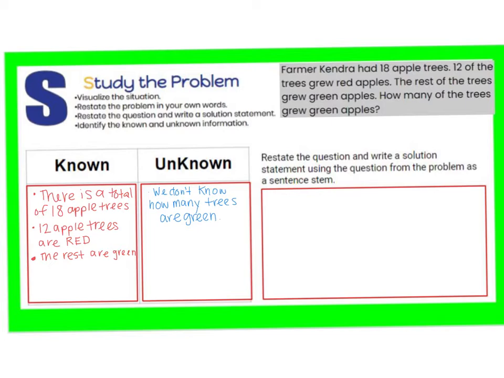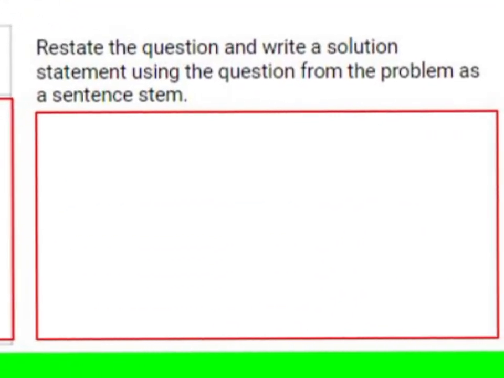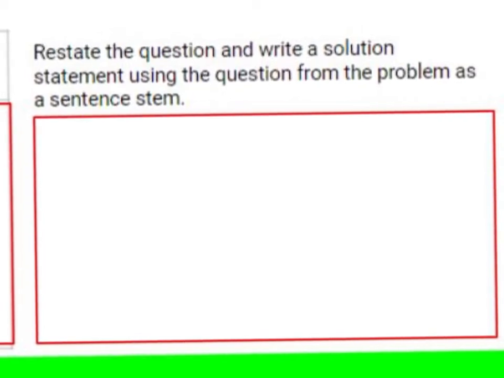So the question says, how many of the trees grew green apples? Okay, so now we're going to write that down. Blank, we're going to start off with the blank because we don't know how many.